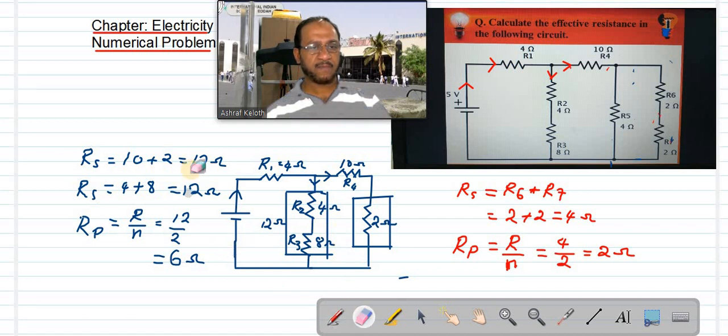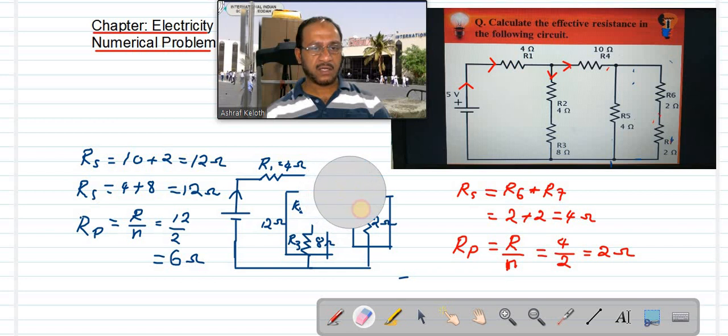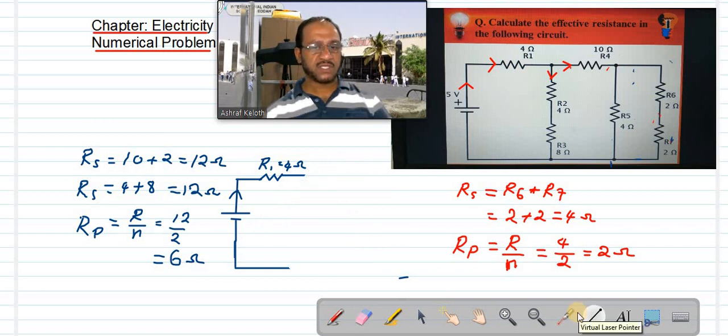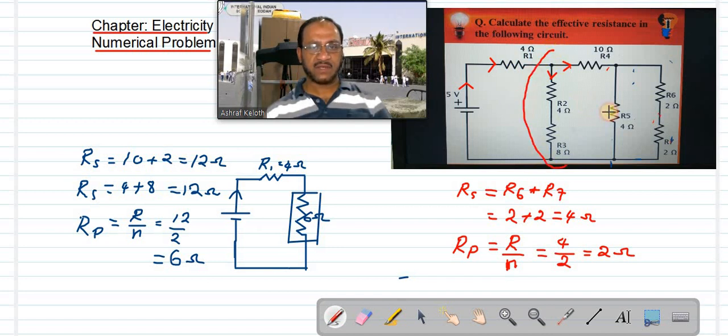What I am doing now, these two together and this together, all are together giving only 6 ohm resistance. And that 6 ohm is connected here between these two ends. So this 6 ohm is the resistance of this complete area. It means if I consider this complete part, the entire resistors' total is only 6 ohm.